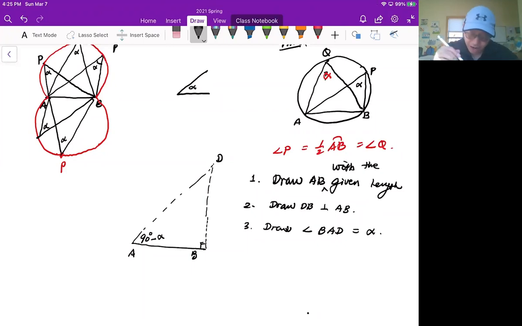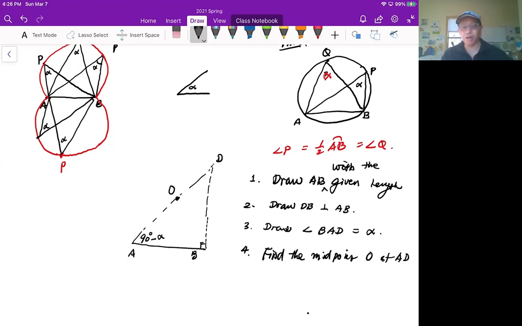Now I would just construct a circle with AD as a diameter. So basically you're going to get the midpoint here. So find the midpoint O of AD, right? So O is a midpoint.